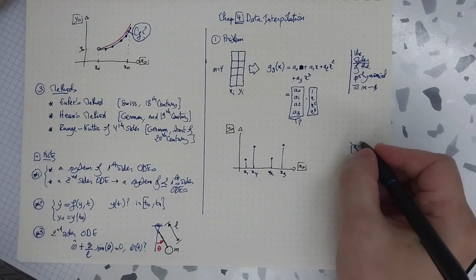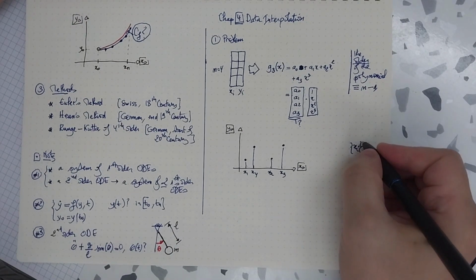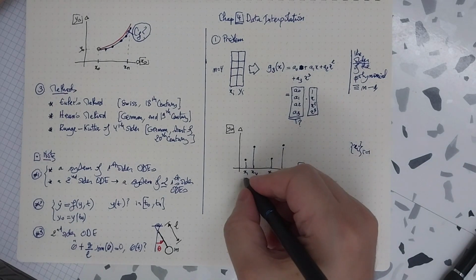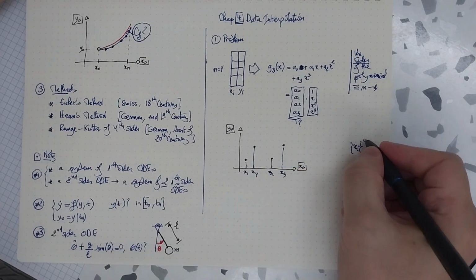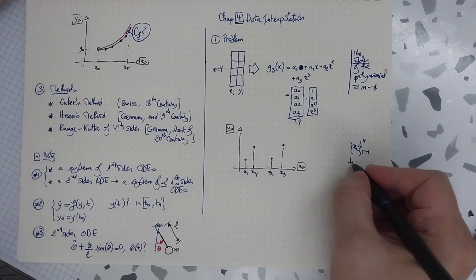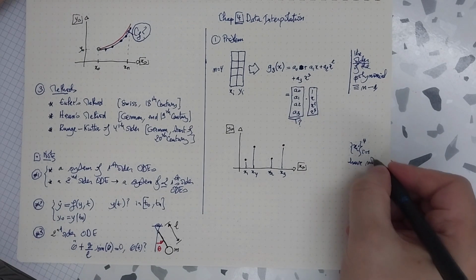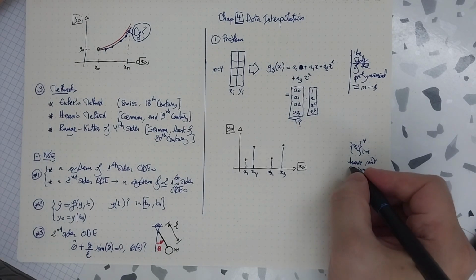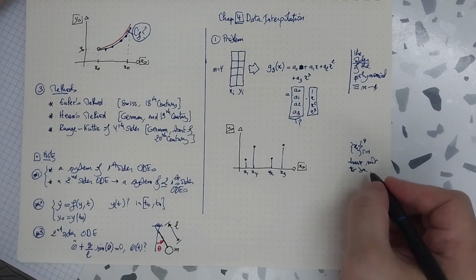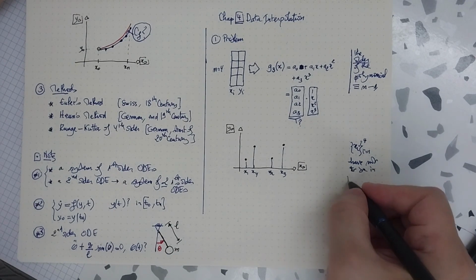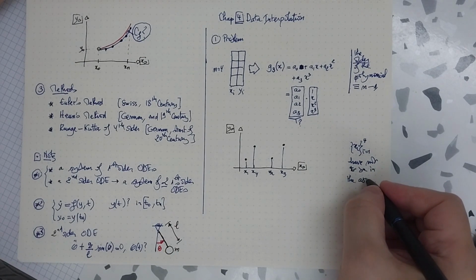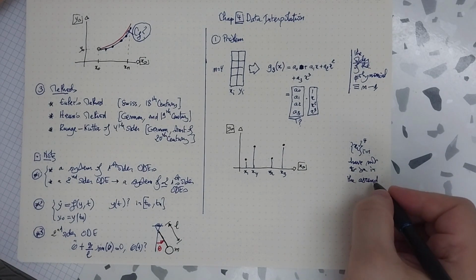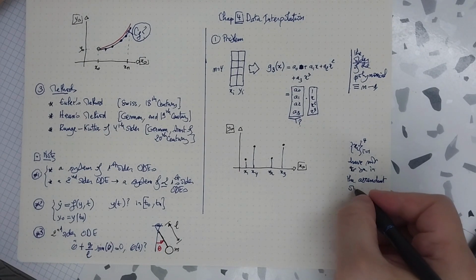So the xi, i from 1 till 4, do not have to be in ascendant order.